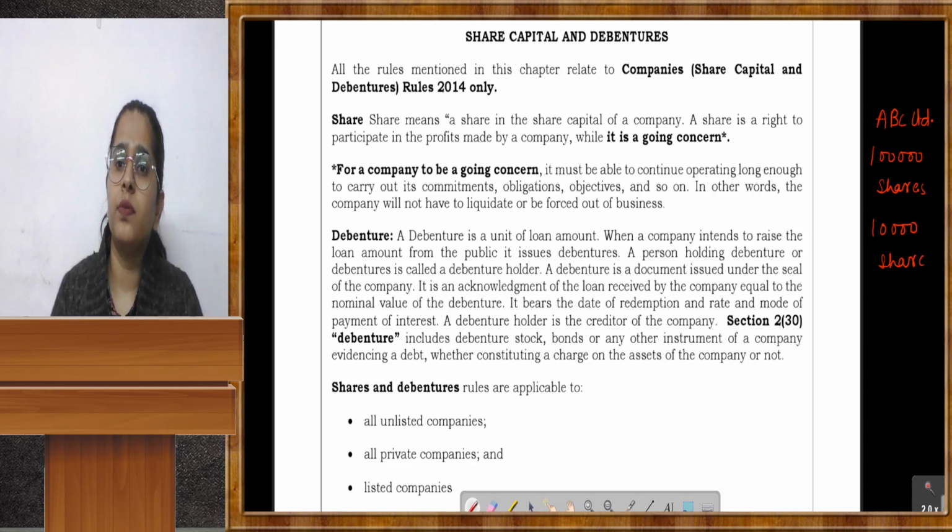So now I am eligible for 1/10 of the profit, right? Because I am the shareholder for 1/10 of the company's share capital. 10,000 divided by 1 lakh is 1/10, right? So this is the logic.